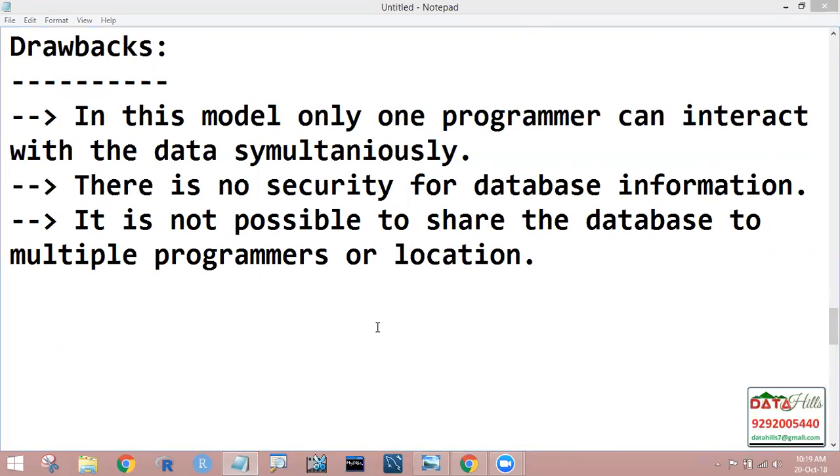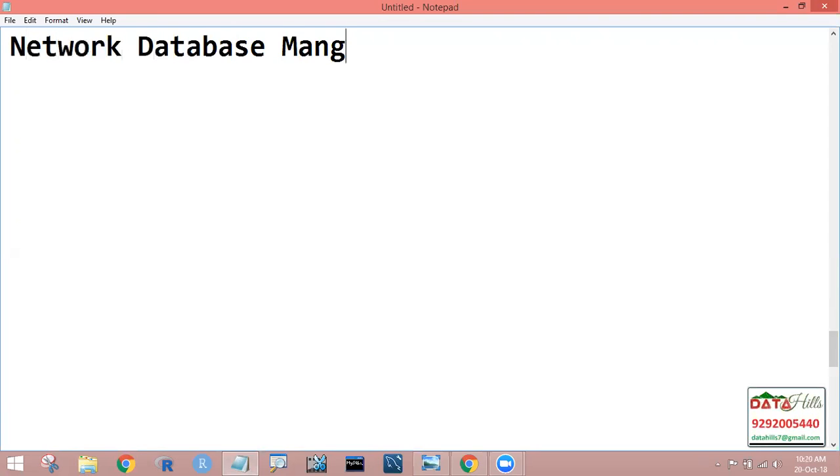Now let us observe what the next model is. The next model that we are having is the network database management system.